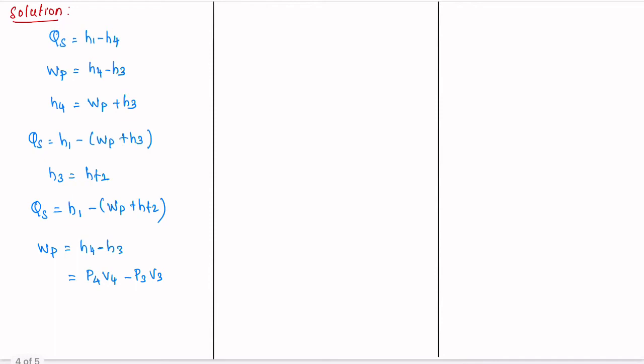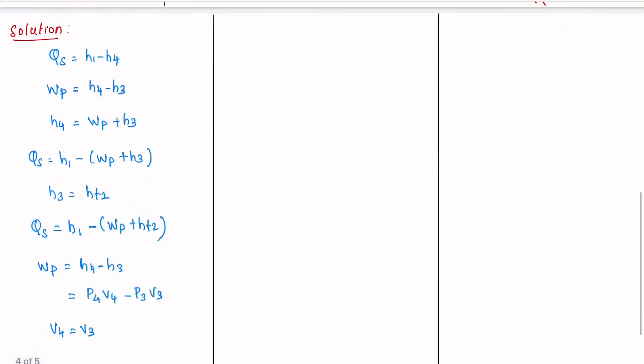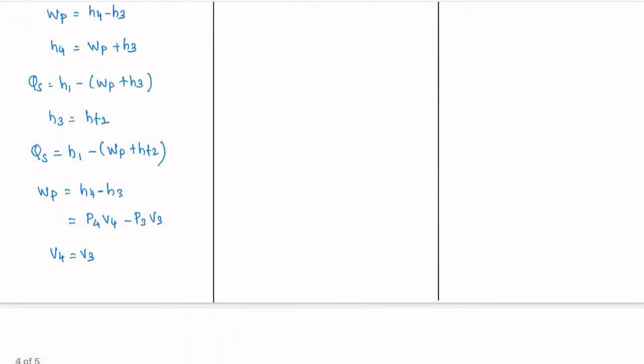The volume V4 is equal to V3. That is, you can see from the PV diagram that the volumes at 3 and 4 are equal. Therefore, you can write the equation as Wp is equal to V3 into (P4 minus P3).